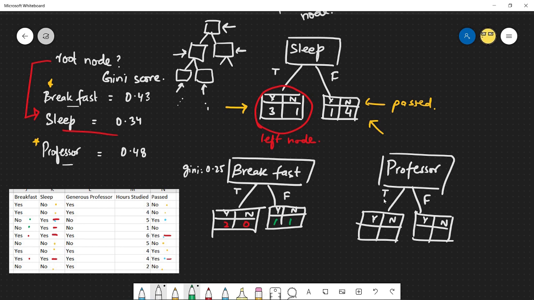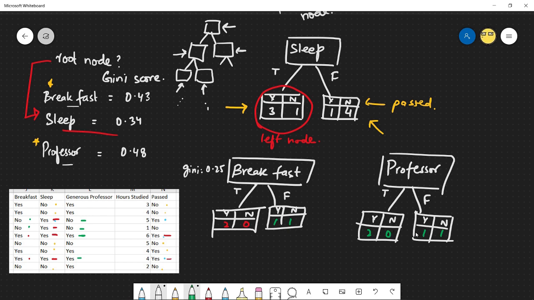If the professor is generous, that is yes, we have 1 and 2. We're going to notice that they both have a yes value for pass, so 2, 0. And then for when professor was false, we have 1, 2. And for that, we have 1 apiece for pass, so 1 and 1. So exactly identical to how breakfast was being broken.